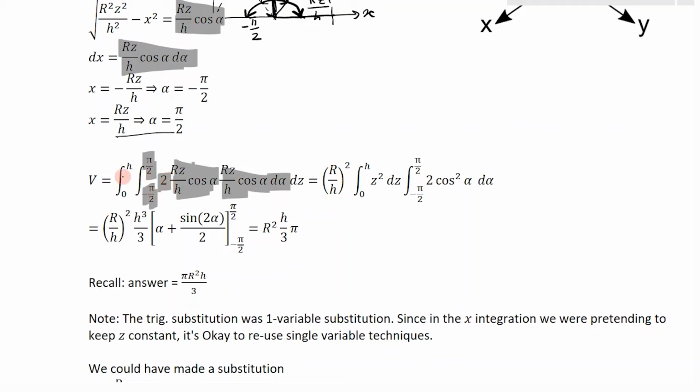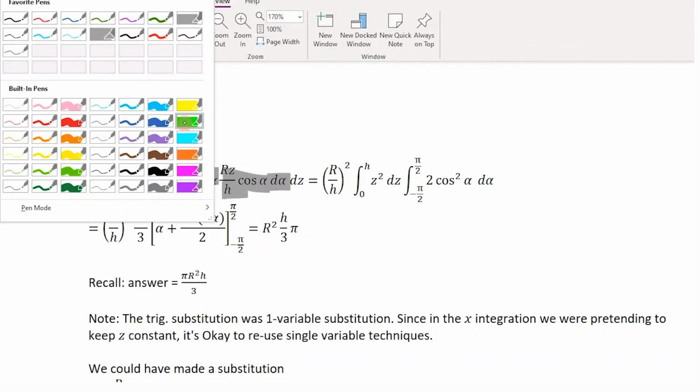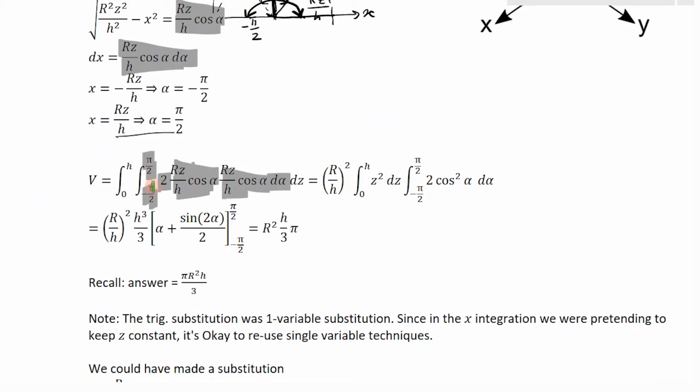The integration over z, let me highlight it, integration over z is this, 0 to h of z squared dz.